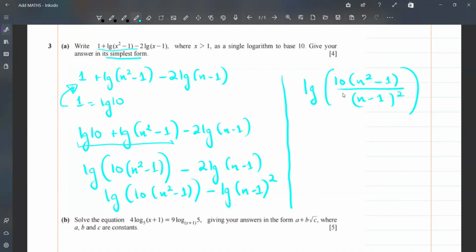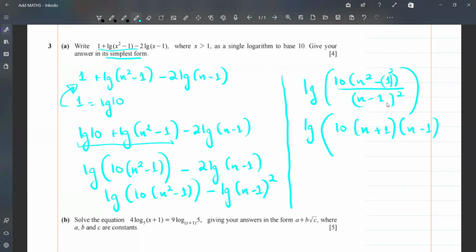All right. Now notice that we can write x² − 1 as a² − b², which is (a + b)(a − b), because 1² and 1 are the same thing.